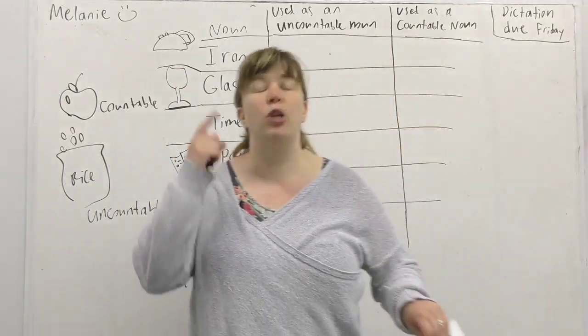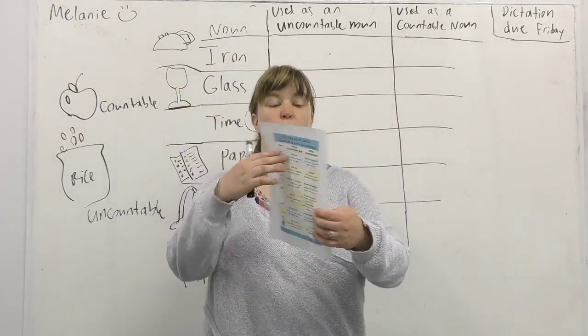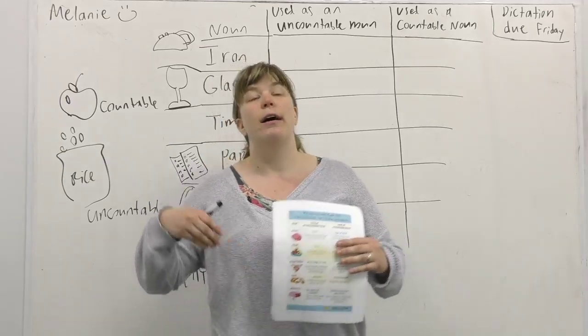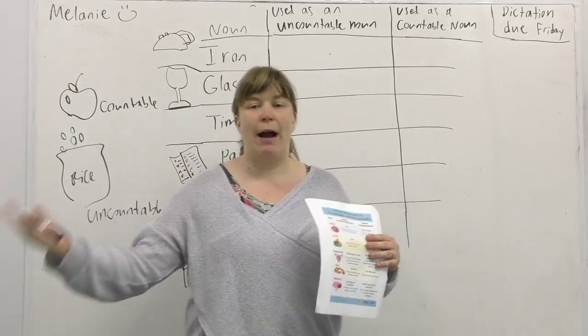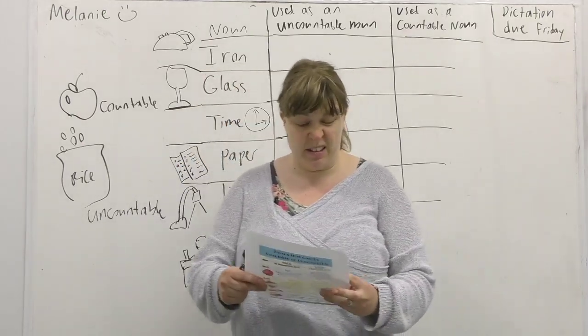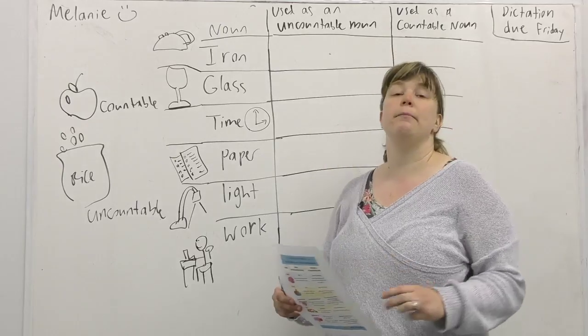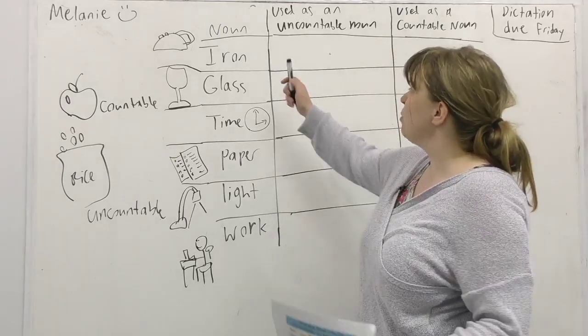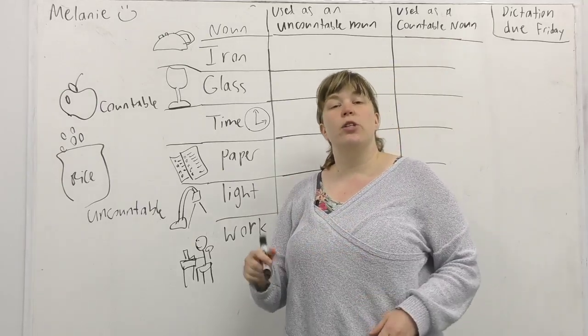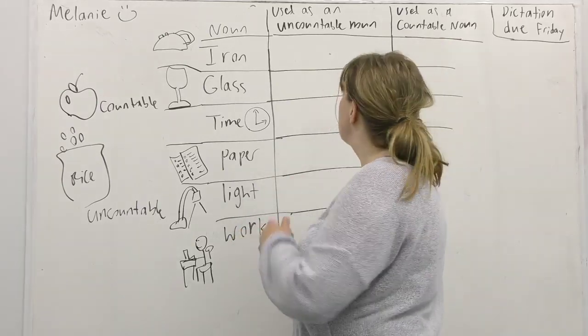Now, don't worry, you don't have to memorize every single one of these, but I just want to give you a basic idea of how some nouns can be both countable and uncountable depending on the situation. So, let's get started. We're gonna start with iron. Now there's two types of iron we can talk about.